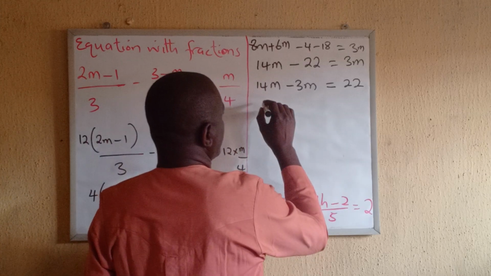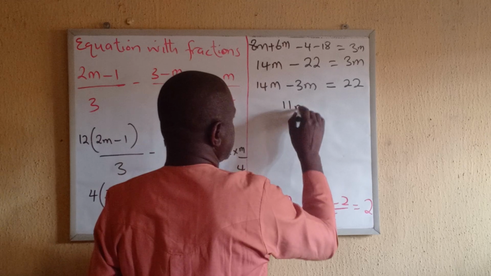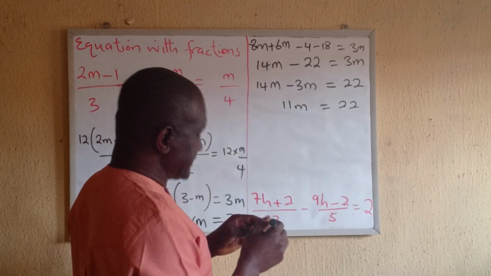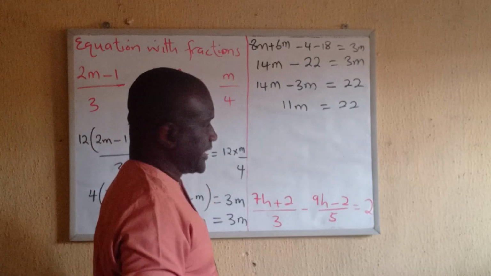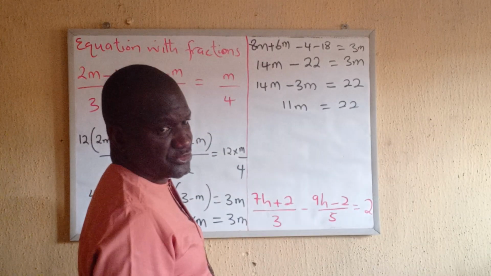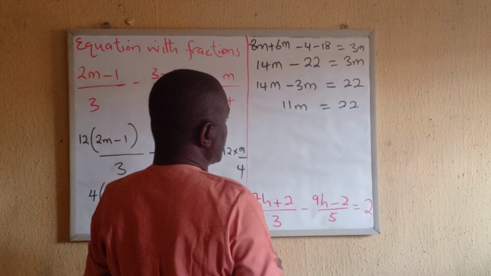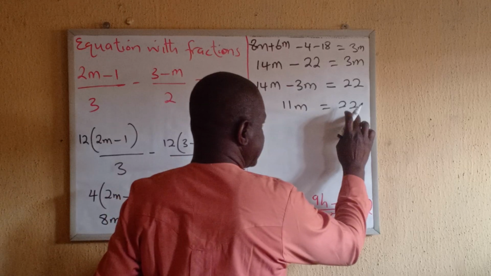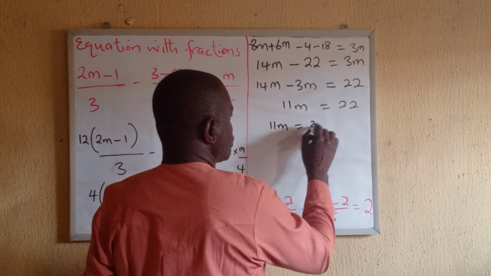So here we have 14m minus 3m will give me 11m equals to 22. Here too we said at this place now you divide both sides by the coefficient of m. If here is minus 11, the coefficient will be also minus 11. But here the coefficient is plus 11. So we said for you to divide, you first of all express this equation here. So I'm going to write 11m is equals to 22.